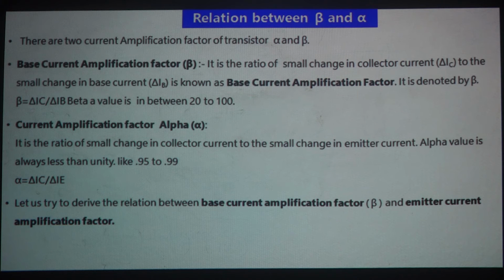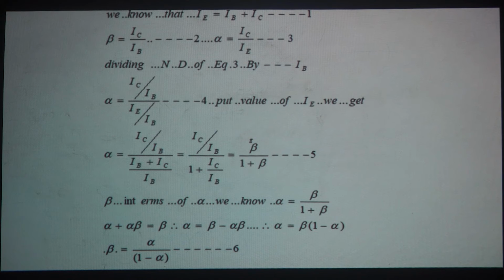Now let us try to derive the relation between the base current amplification factor and the emitter current amplification factor. So this is the small derivation we have. We know this famous relation: IE is equal to IB plus IC, and as we defined, beta is equal to IC divided by IB, and alpha is equal to IC divided by IE.